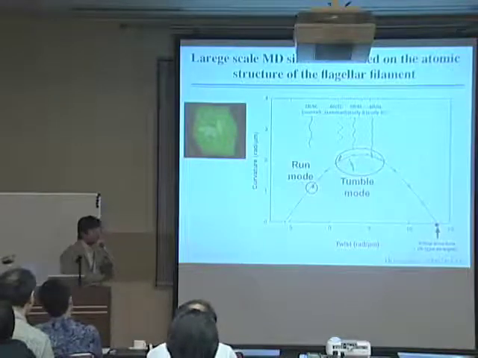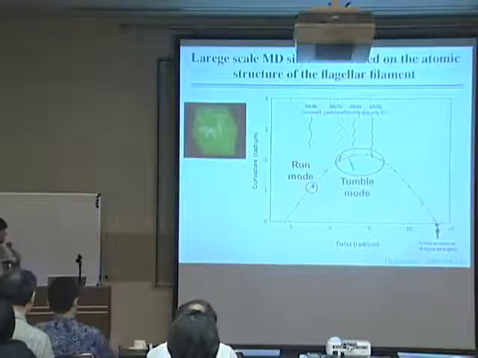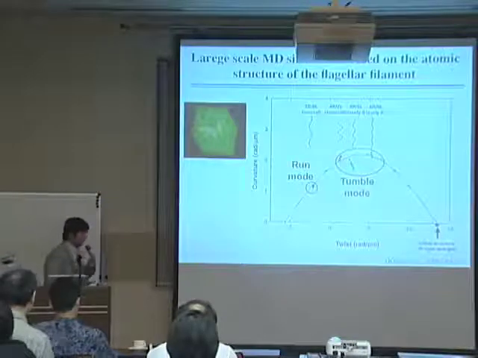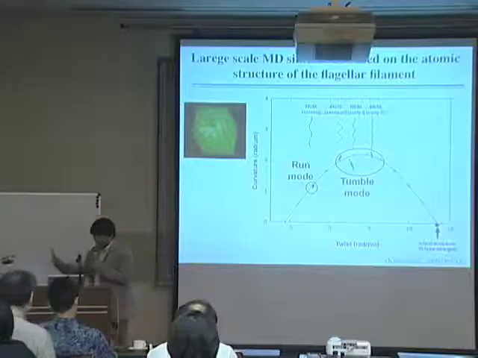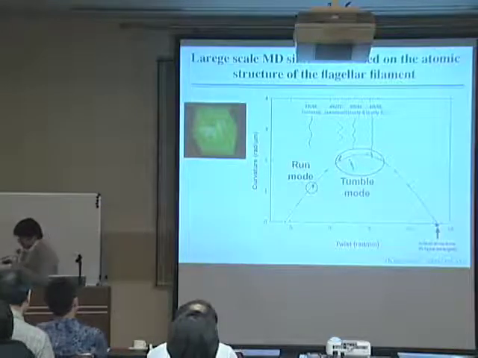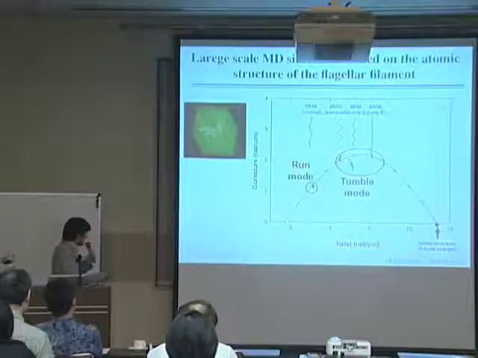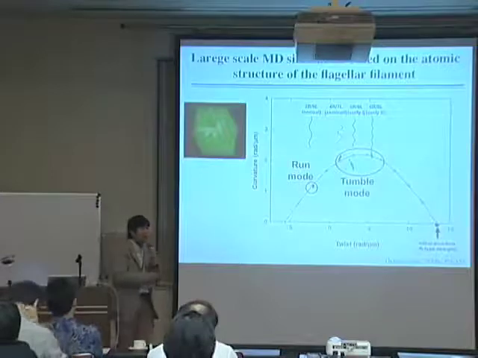This is the tumbling time, when the filament takes this form. So this means that our atomic structure directly explains and relates to the actual native biological structure change.